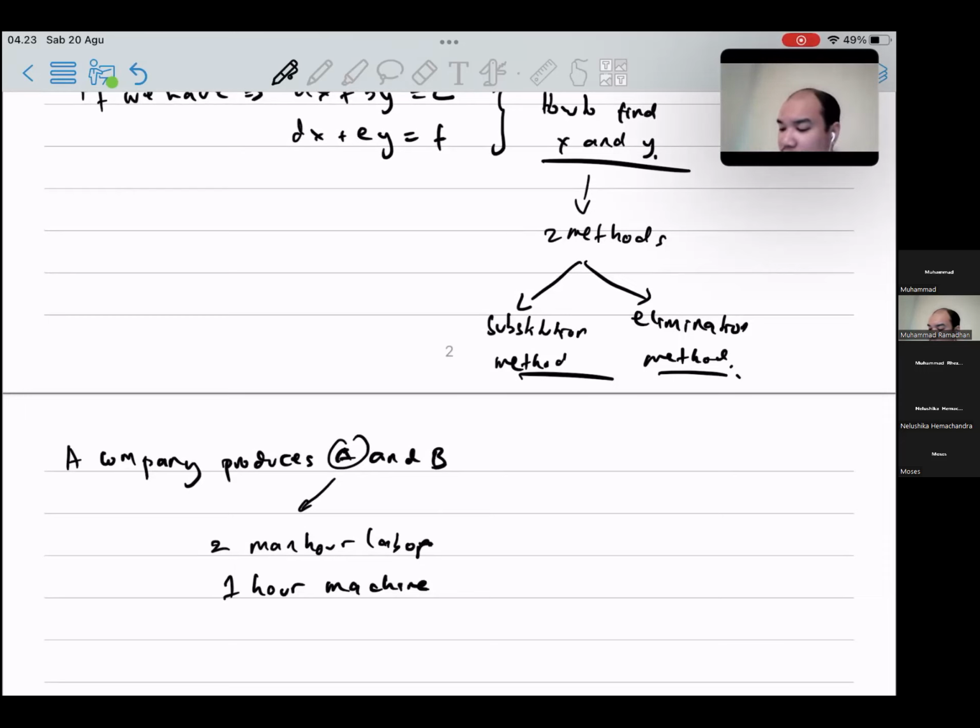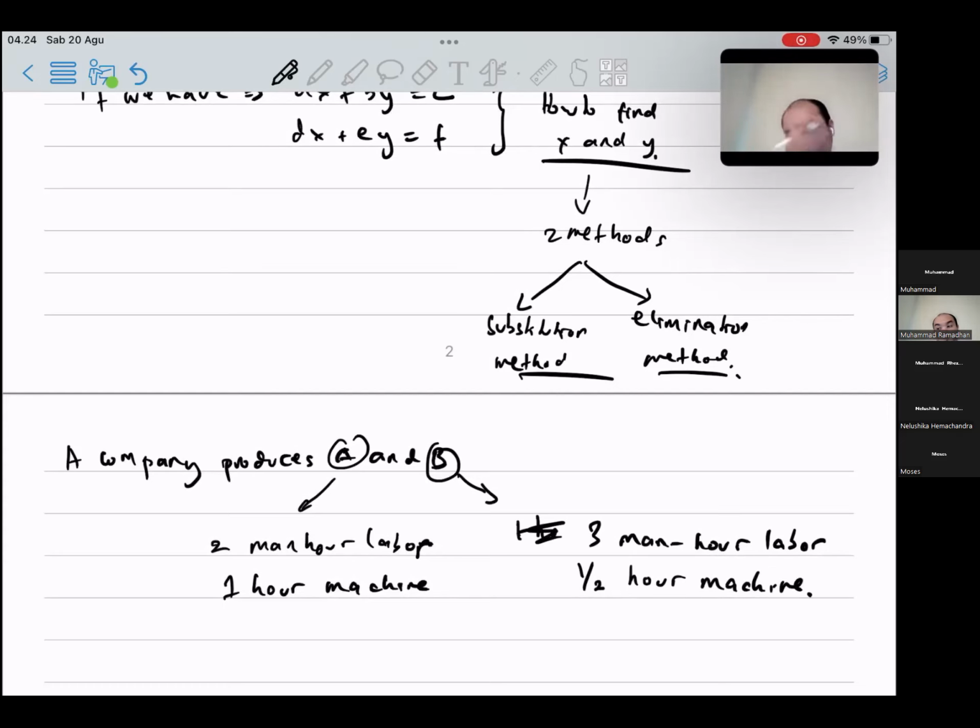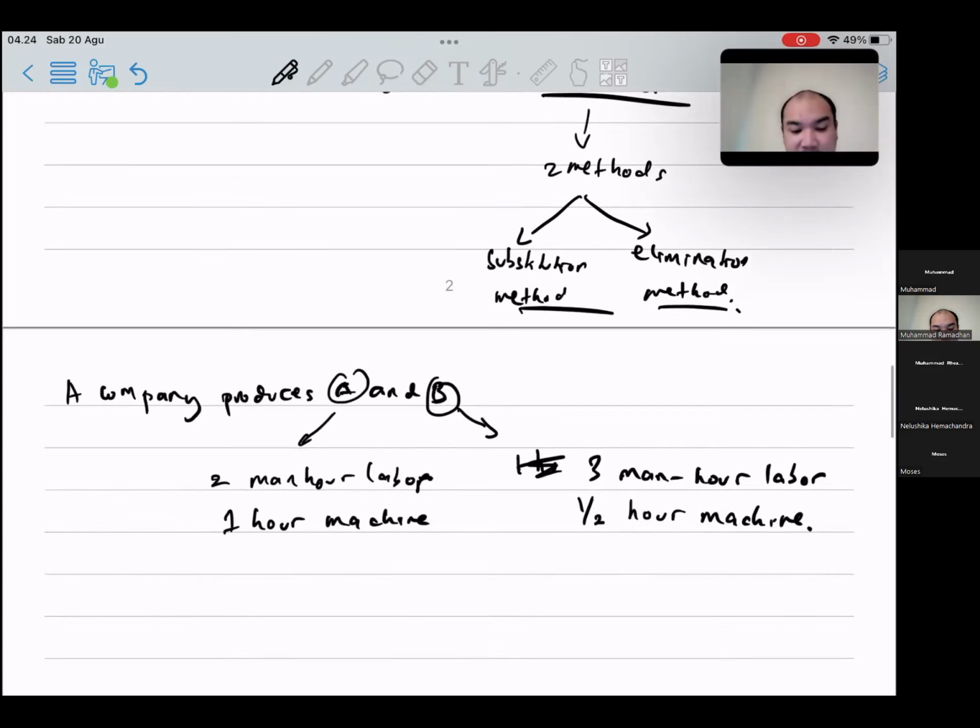And to produce B, it needs 3 man-hour labor and also half hour machine.